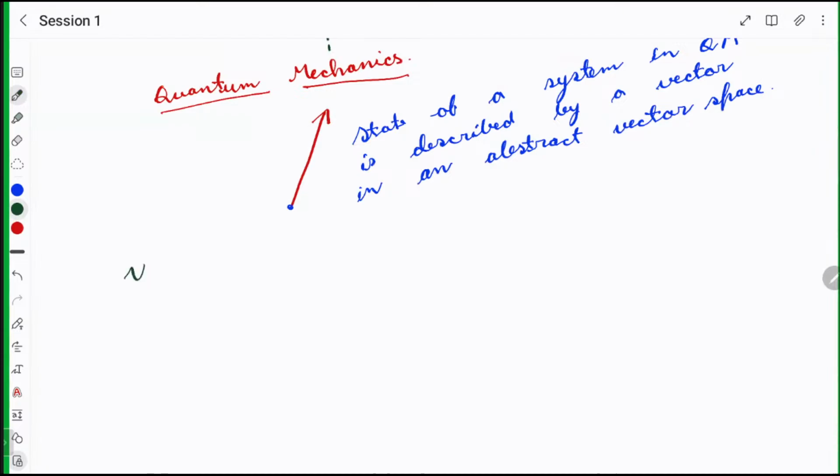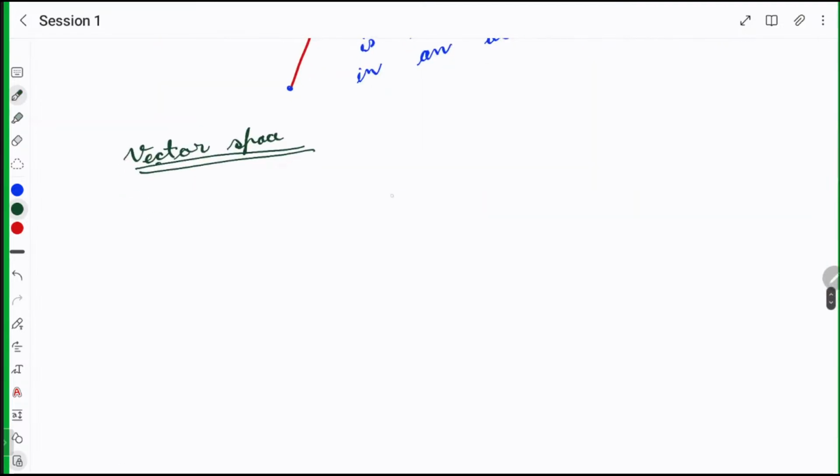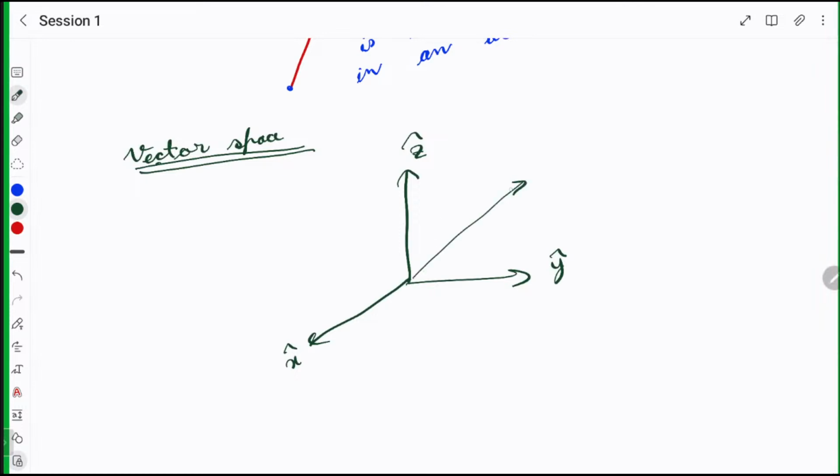Let's take the simplest vector space, which would be our real space, x, y, z, the space around us, which we can represent by any vector.